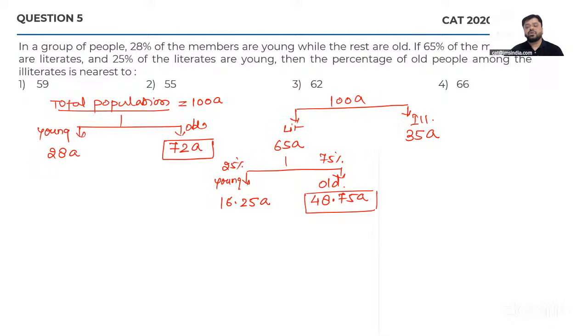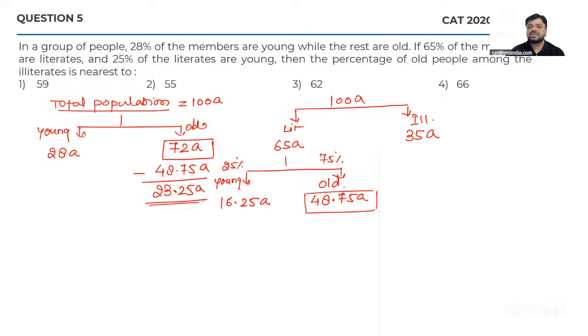Now the question is the percentage of old people among the illiterate. So out of these 72A, if 48.75A are literate, then the remaining, 72A minus 48.75A, which is 23.25A, must be old illiterate people.